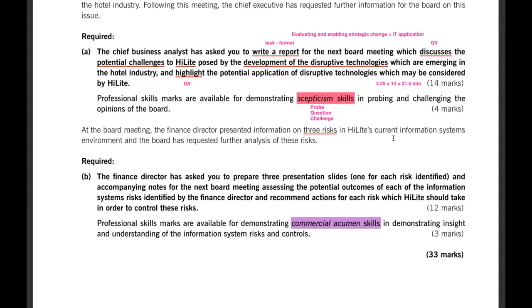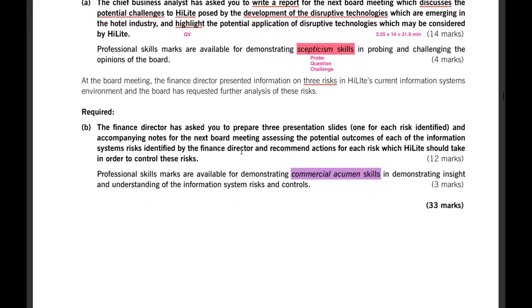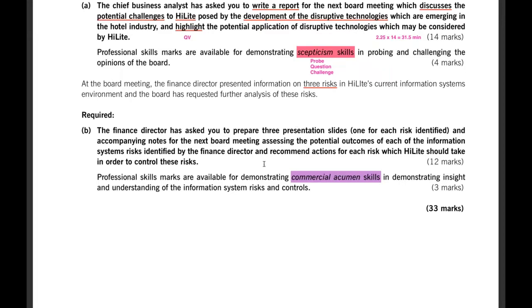And the board has requested further analysis on this particular risk. So here they are talking about risk.